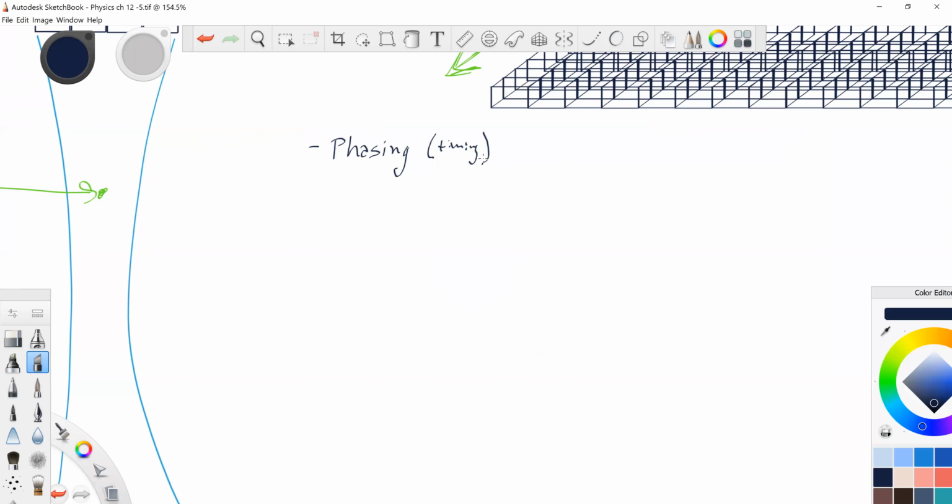Timing. Underneath phasing, I'm going to add electronic focus, and more importantly, for three-dimensional, electronic steering.